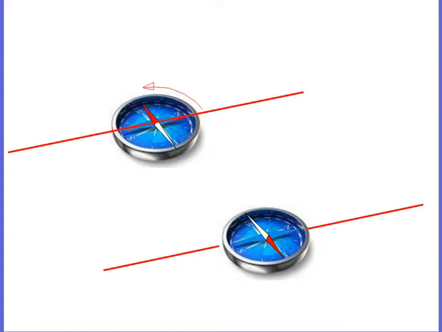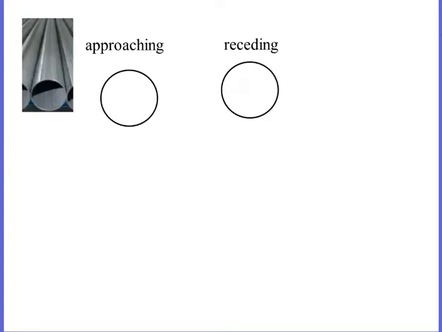We want to see what that means about the magnetic field. But before we get to there, I need to establish a convention for how we're going to draw a three-dimensional event.